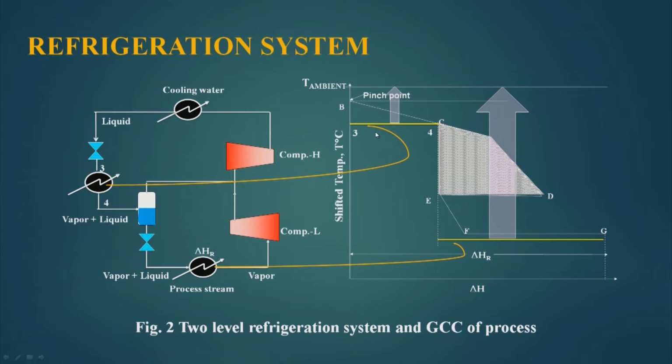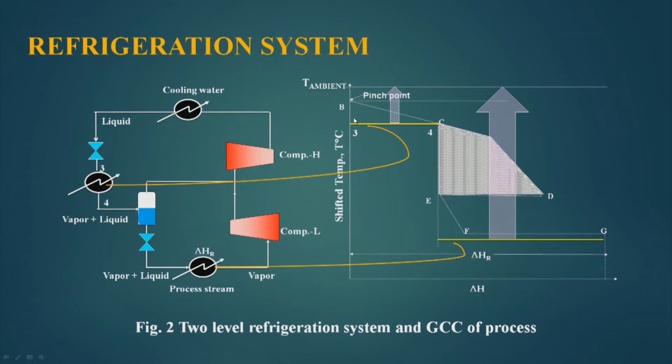Now, the process streams which are available from B to C are rejecting heat into this evaporator 3 to 4, and the process streams which are here from C to D are rejecting heat to E to D. So, this is a process to process heat transfer, and I do not have to bother much about it.